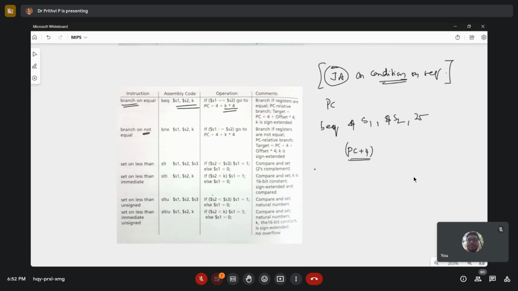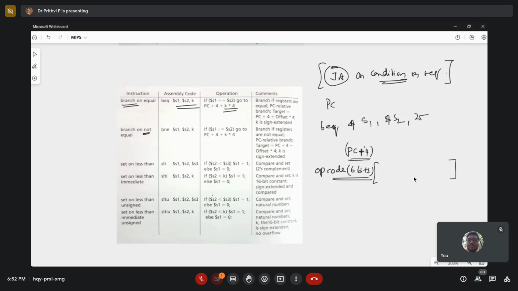What is this plus 4? Normally the opcode takes 6 bits of information, and the later bits, 28 and so on, are used for the other instruction information. So we take the program counter offset for the next instruction.